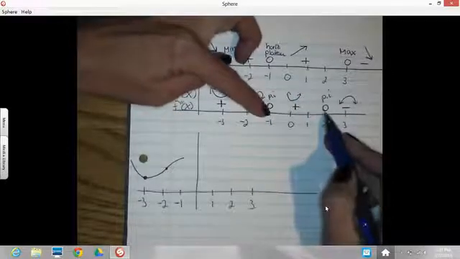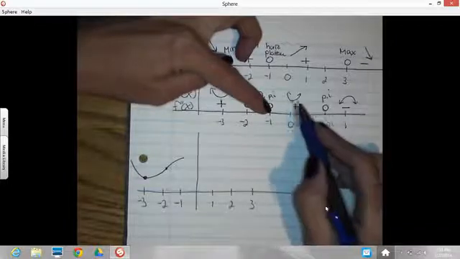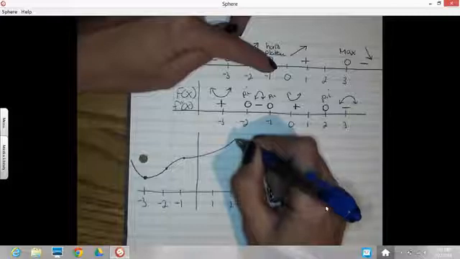And then the next chunk, the next critical point is at 2. So from negative 1 to 2, the whole function is concave up and increasing. So concave up and increasing all the way to 2. Concave up, increasing.